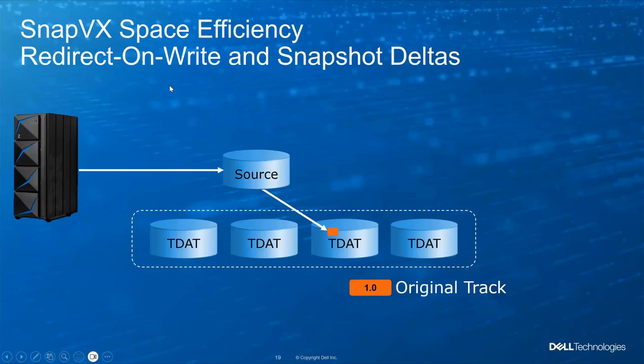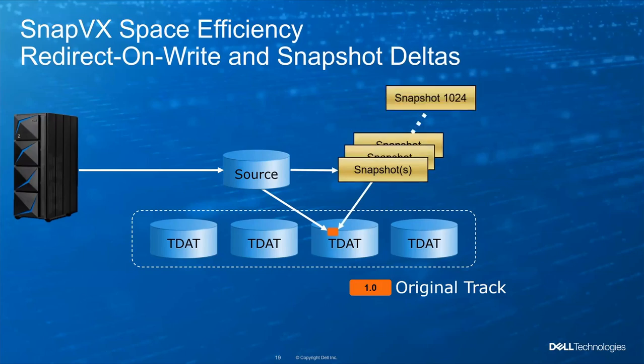So how does this really work? Well, the real benefit here is that we're not really making copies of the data as part of the point-in-time creation. We're just capturing a set of pointers to the data on the back end. We introduced this notion of redirect on write. So when you make a snapshot, the virtual provisioning pointers are captured to create that point in time and point to the same area on the back end that the source device does.